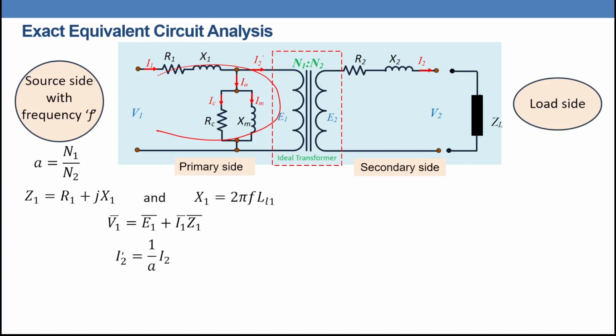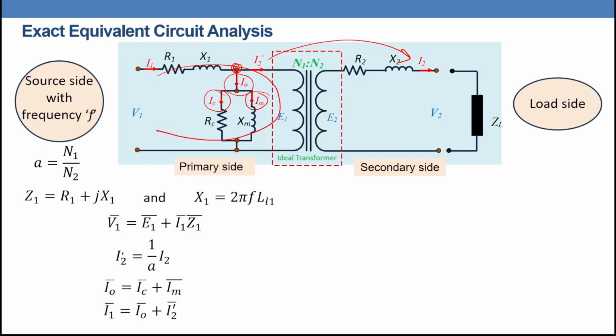I2 dash has a link with the I2 current using the turns ratio, where I2 dash equals 1 over a times I2. According to that, we can calculate I0, which is the no load current, equals I core plus Im as a vectorial sum. And at this point, we are going to use Kirchhoff's current law, where I1 equals I0 plus I2 dash.